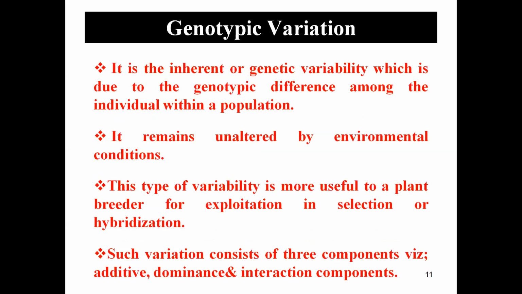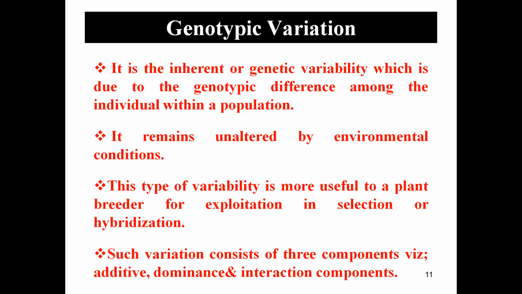Next, genotypic variation. It is the inherent variation or genetic variability which is due to genotypic differences among the individuals within a population. Suppose there are three types of genotypes: A1A1, A1A2, A2A2. What is the inherent difference? That is genotypic difference.